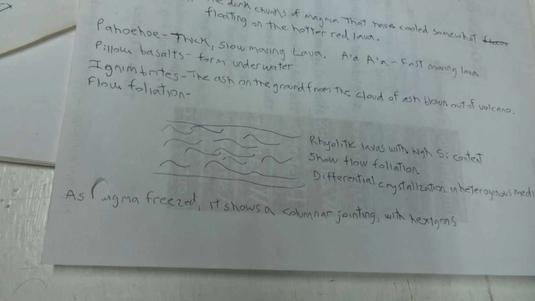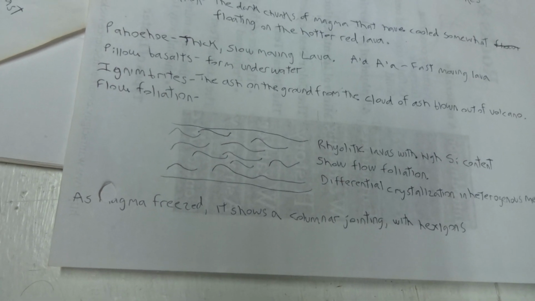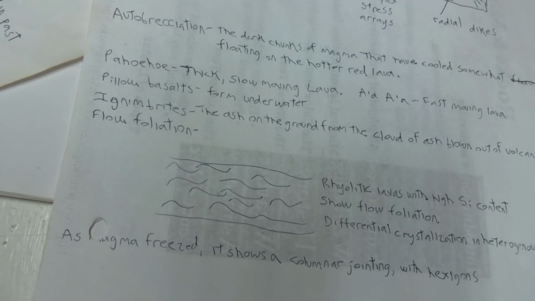Ignimbrites are the ash on the ground from the cloud of ash blown out of a volcano, such as a composite or a stratovolcano, blowing out not only lava, but also plumes of ash. Those ashes form rocks which are strewn great distance.